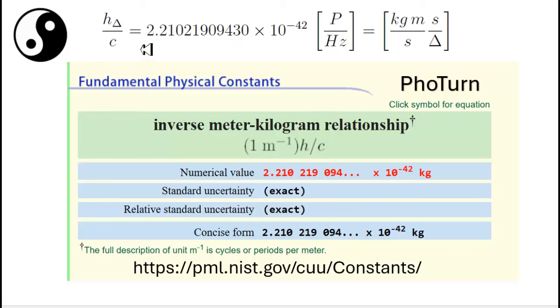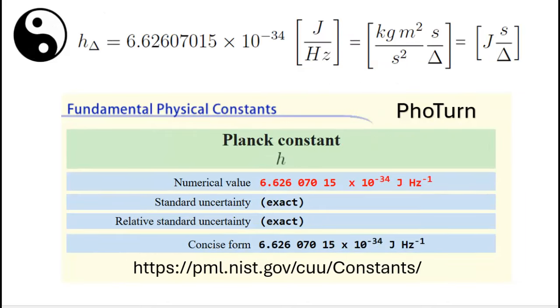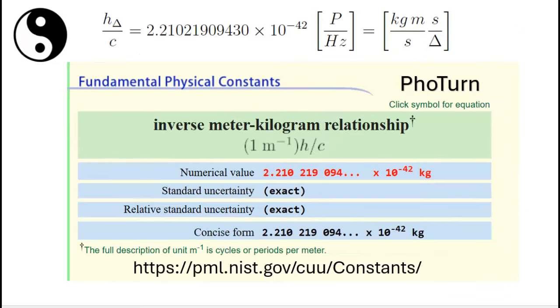So let's go back to Planck's constant here. Planck's constant has units of joule times the time period. When you take that and divide it by the speed of light, you're dividing by meters per second, right? Then you end up with the units of momentum.